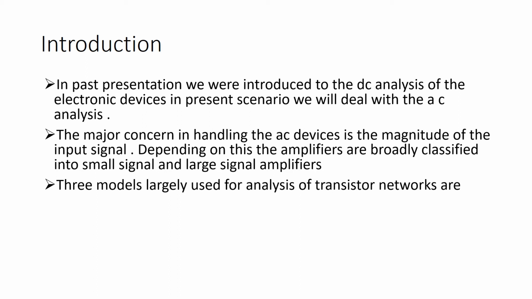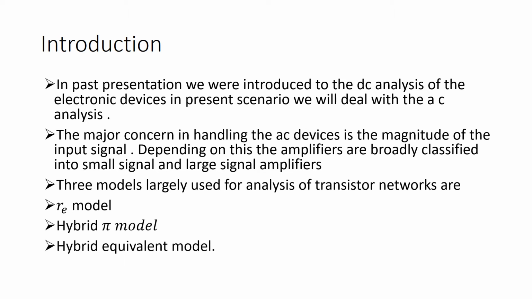Three models largely used for analysis of the network are the RE model, hybrid pi model and hybrid equivalent model. The RE model is most popularly used because of its real-time analysis.